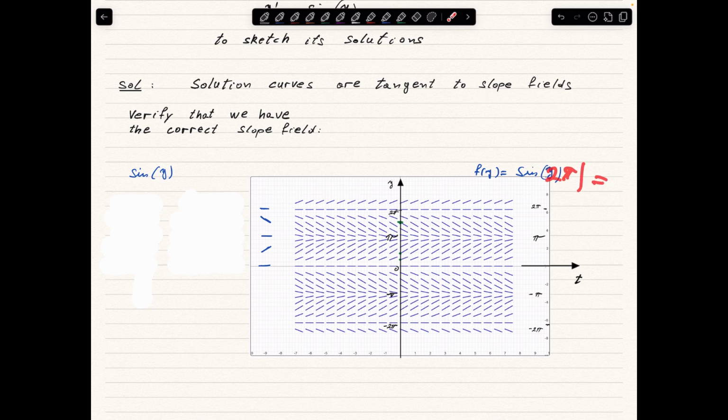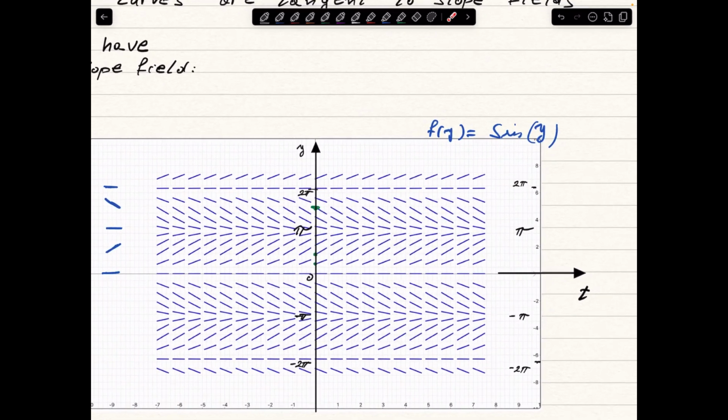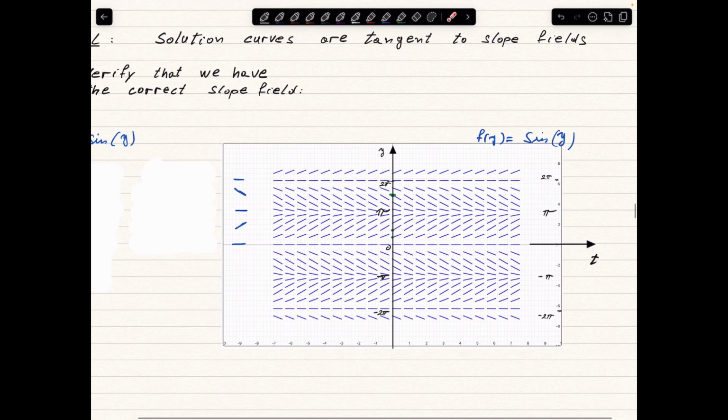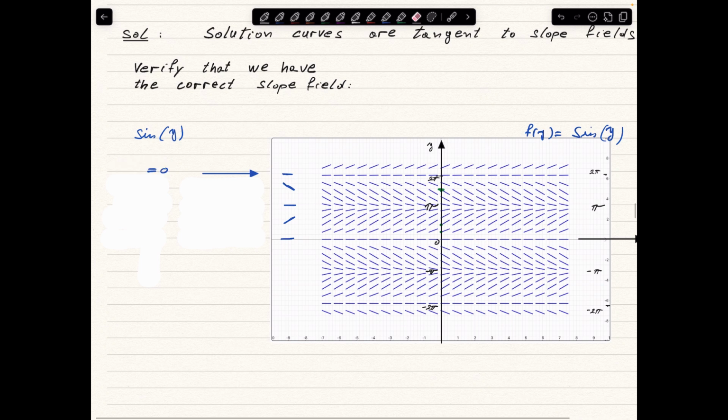Well, it's 0. So at 2 pi, which is more or less here, it's hard to see, but here we have 6 and a little bit, so 2 pi, all the segments are horizontal, which agrees with the fact that it's a sine function.